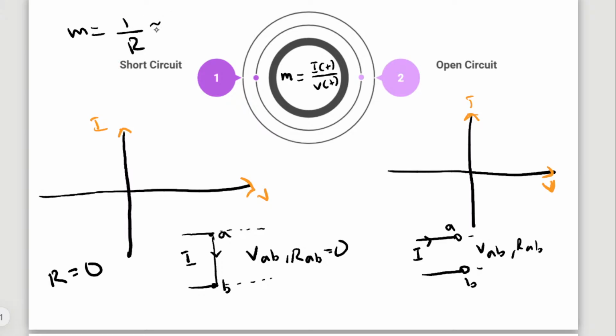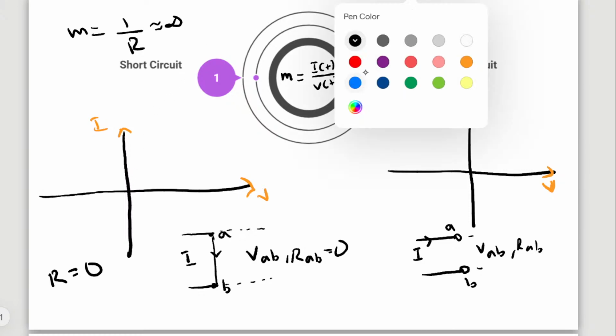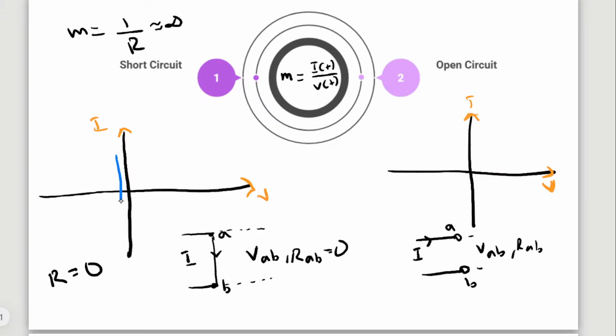So the slope is infinity in case of short circuit, and the curve is like this. I am drawing it like this, but this is just a straight line. Why have I drawn it like this? Because the slope is infinity. What is slope? Tan theta. Tan 90 degrees is infinity.